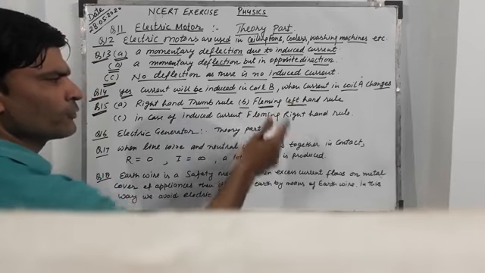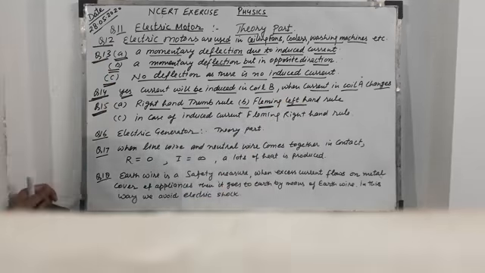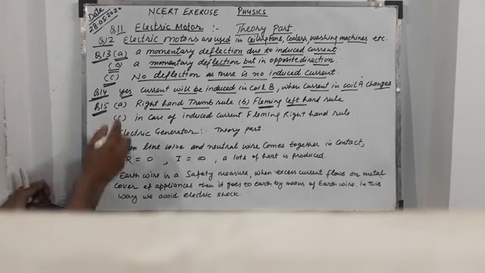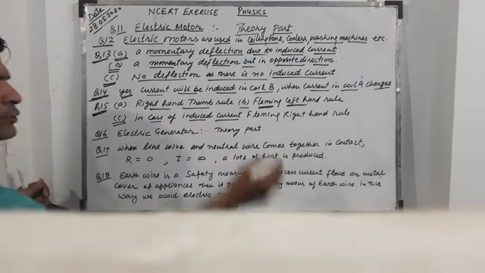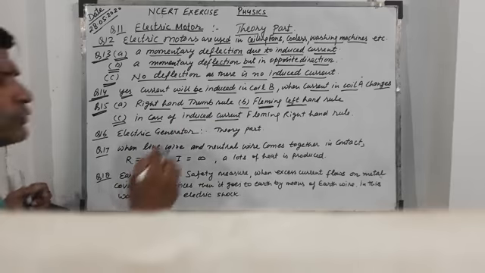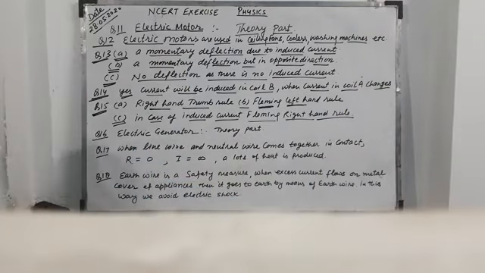Then the direction of force is given by Fleming left hand rule. Now in C part, the question is saying induced current. So in case of induced current, we use Fleming right hand rule.